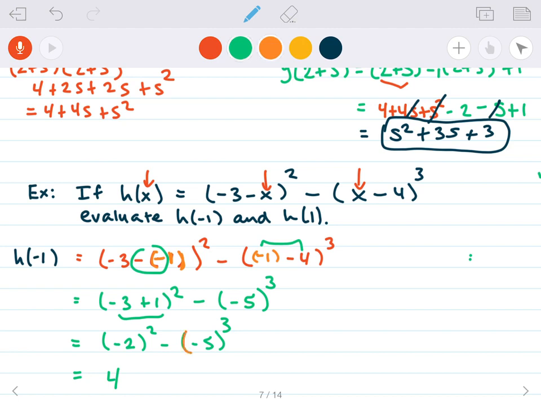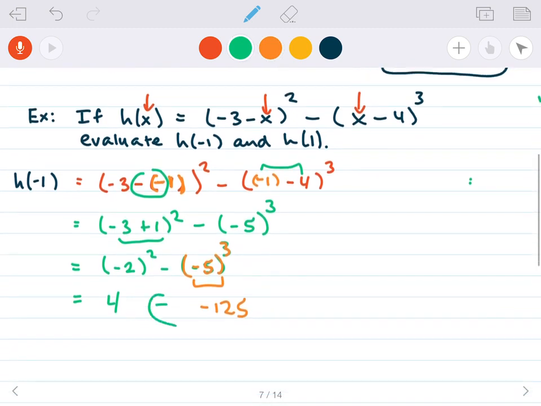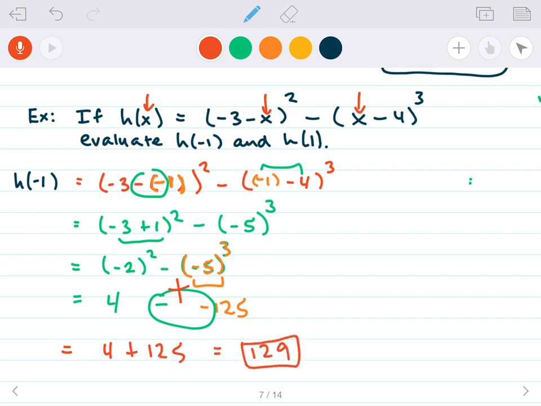Okay, so this right here is -125, and I still have that minus in front. So these double negatives, again, make a positive. So this just becomes 4 plus 125, which is 129. So that's h of -1 is 129.